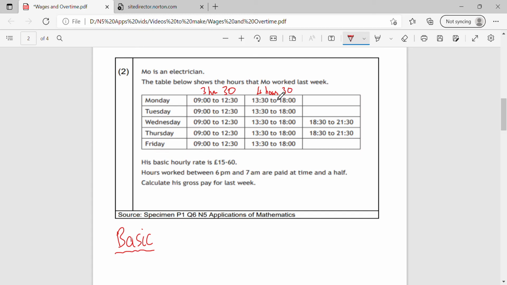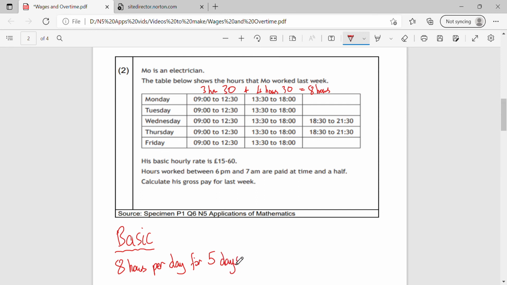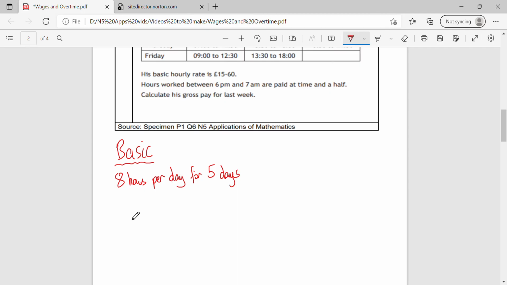And then obviously in total, that would be 8 hours that he's working per day. But we're multiplying that by 5, so it's 8 hours per day for 5 days. So that means that he's working 8 times 5, which is 40 hours normally.